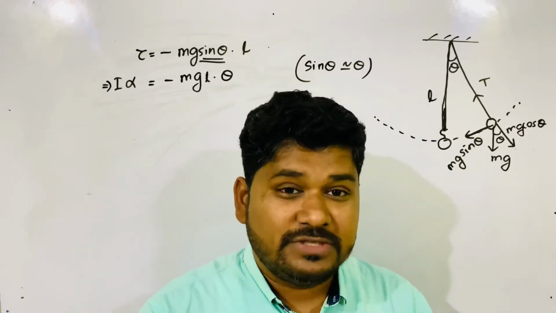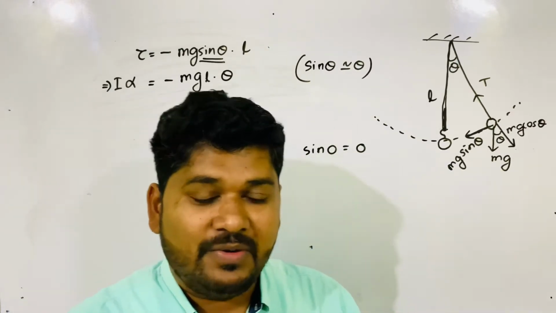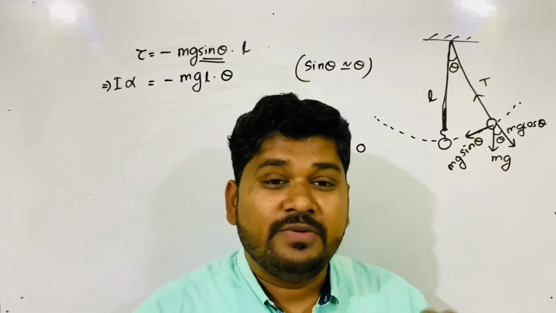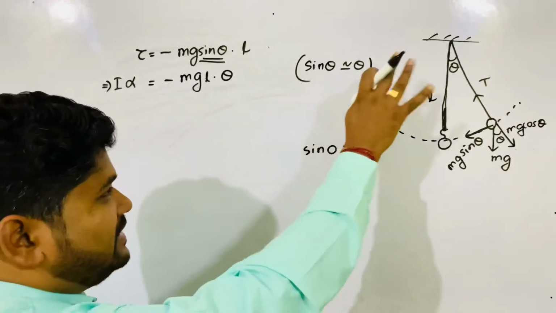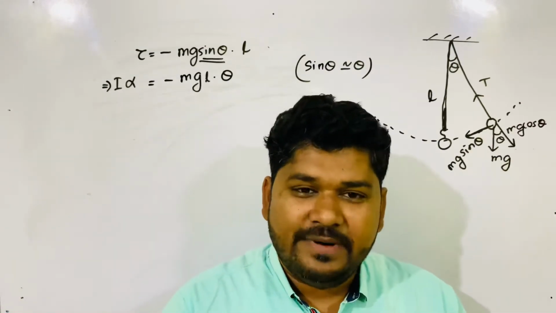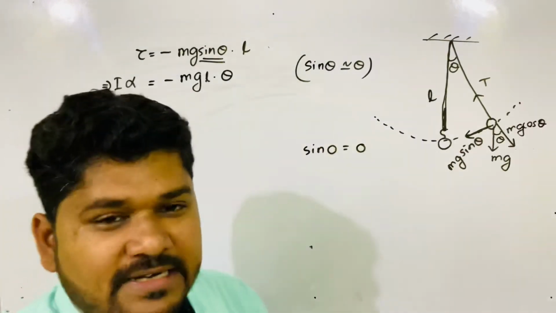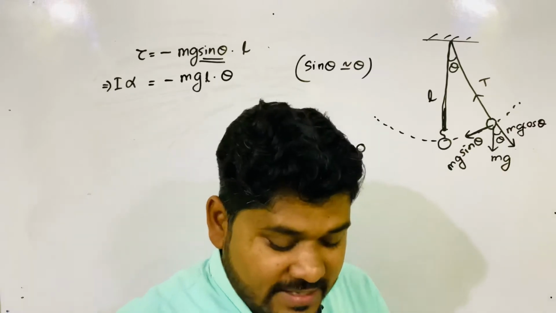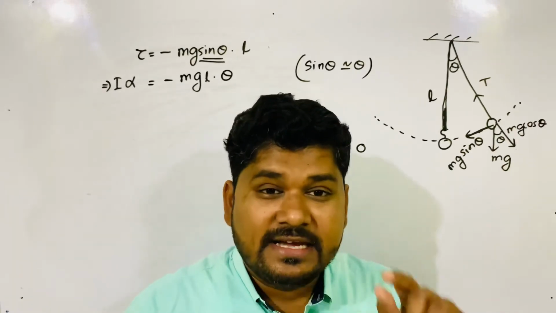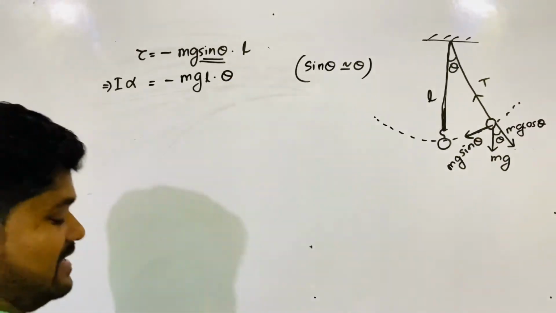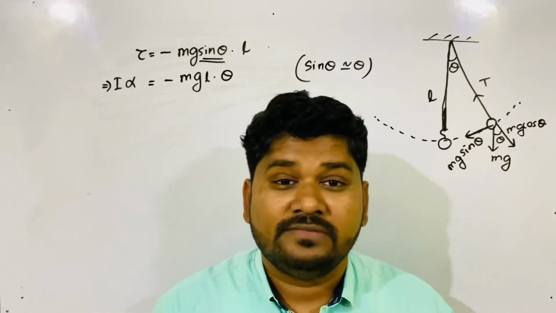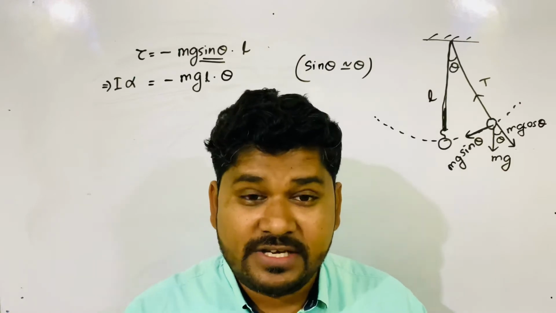You have already used this in physics. If you expand sin theta, other terms will come and they will be neglected, only theta remains. So I wrote this under the condition that theta is very small.